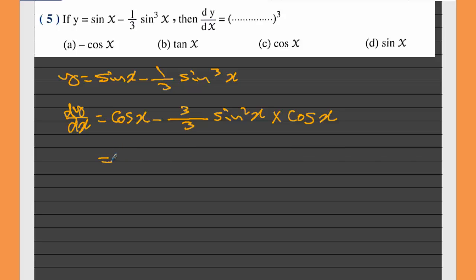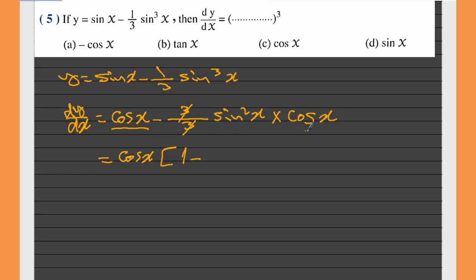So the result equals, we can take cosine x as a common factor. Cosine x multiply cosine divide cosine equals 1 minus, here is 3 over 3 equals 1.